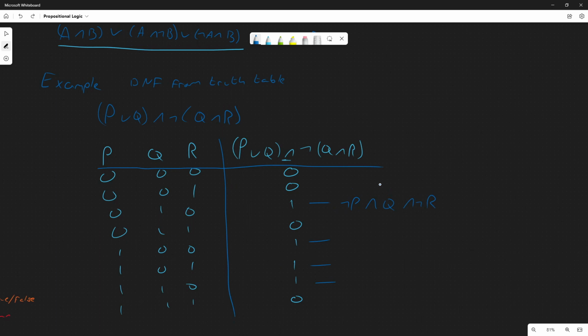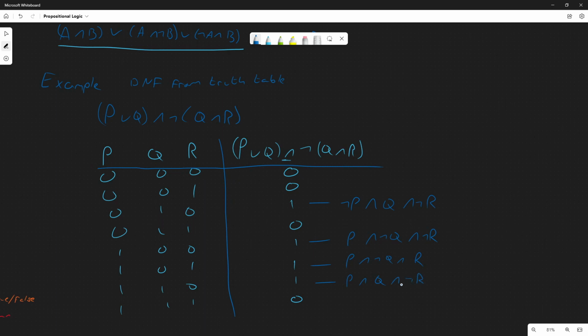We do the process for the rest. We have P and not Q and not R, only using not and only putting the nots on atoms. Similarly, we have P and not Q and R. And finally, we have P and Q and not R. Now we have this.